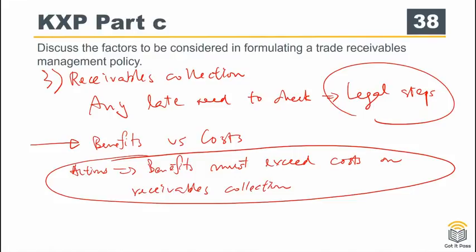Once you chase your customers to pay you, if you incur a lot of administration charges or a lot of costs for, say, $1,000 outstanding that is not settled, but your administration charge incurs maybe more than 10,000, it doesn't make sense for you to settle the outstanding balance, because the cost incurred is much higher than the benefits you get.